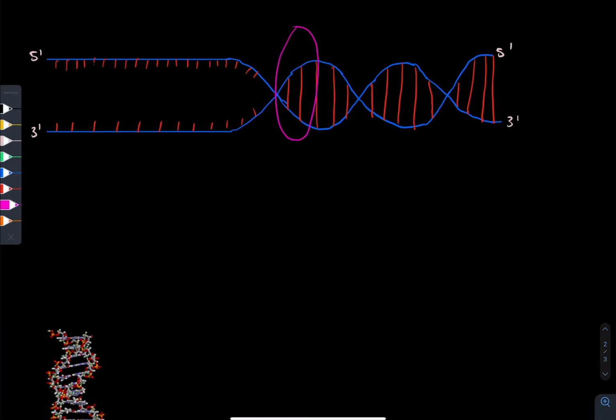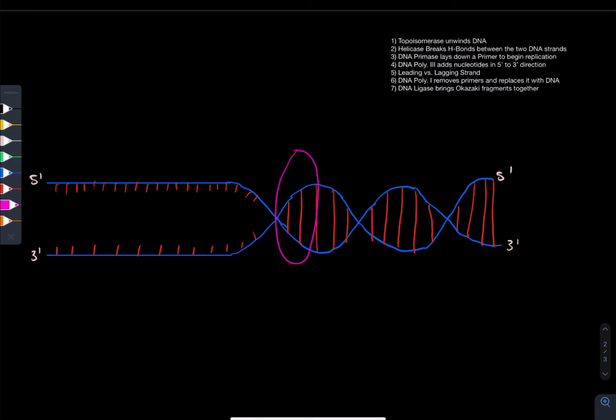See how it's that double helix formation that we learn about in our biology class. It's twisted, and it would just be a pain for DNA replication to go on if it's like this. So what topoisomerase does is it unwinds that DNA so that it can look like this two-dimensional shape over here. Nice and easy to work with.